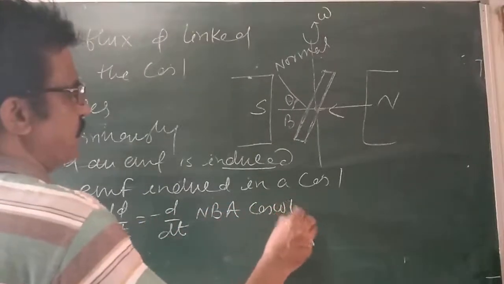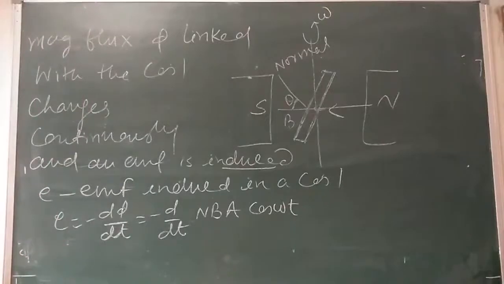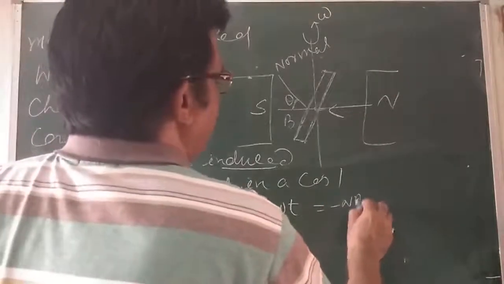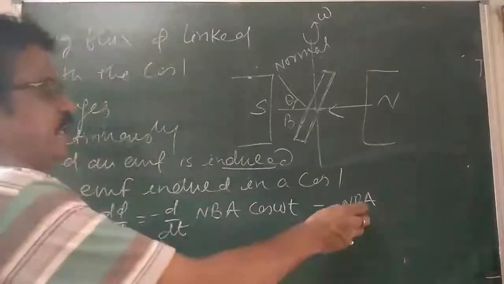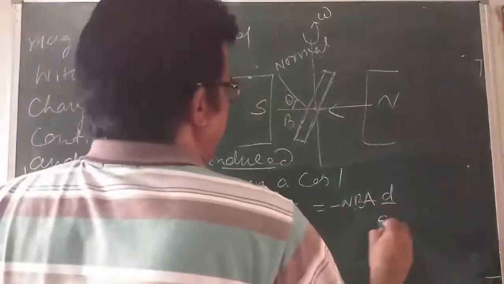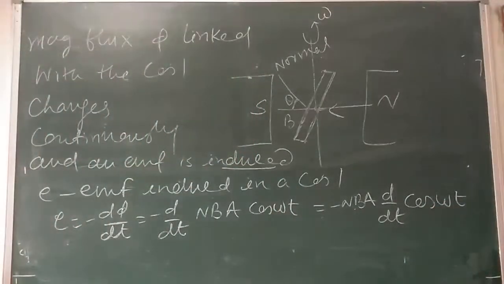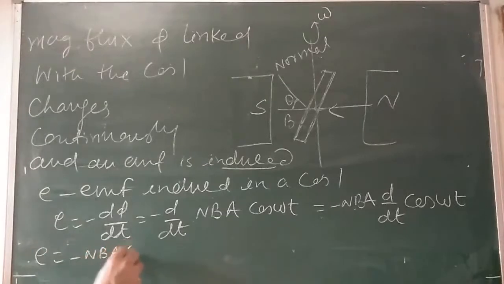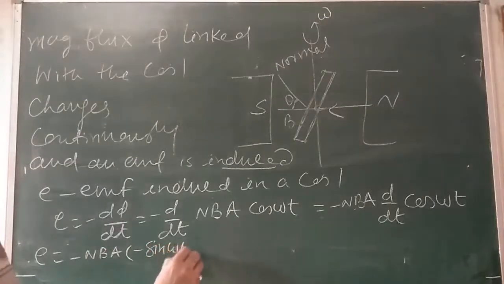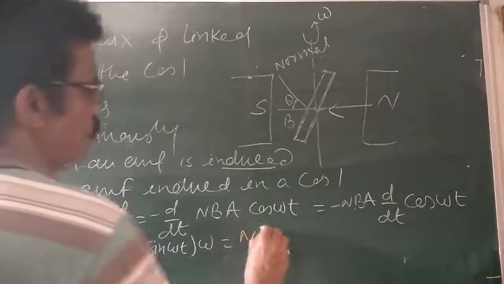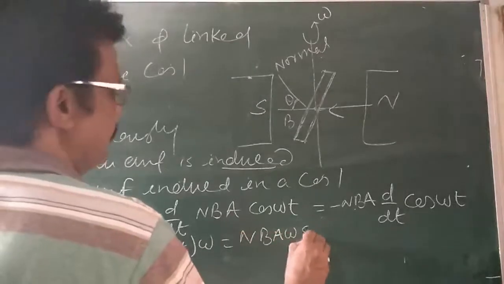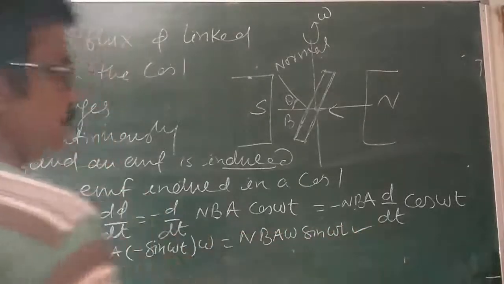NBA is taken constant outside: N is the number of turns, B the magnetic field, A the area of the coil, and it is a differentiation with respect to omega t. You know very well, dear children, what is the differentiation of cos omega t? E comes out to be minus NBA, and the differentiation of cos omega t will be minus sin omega t times omega. This comes out to be NBA omega sin omega t.